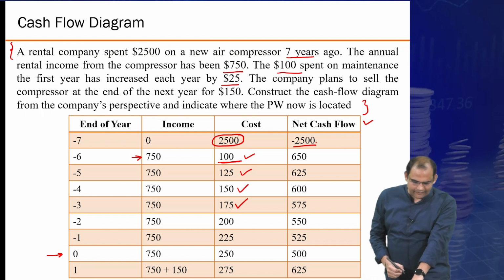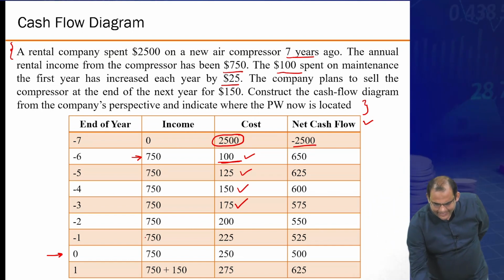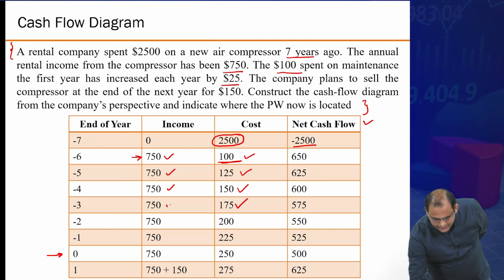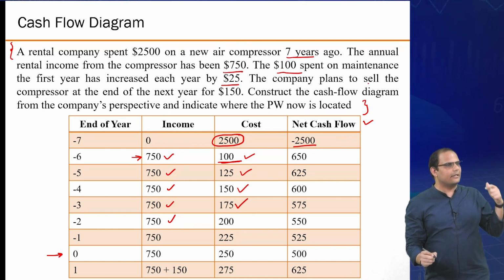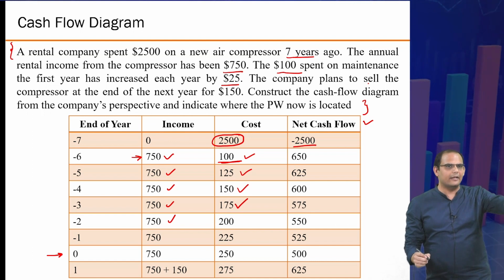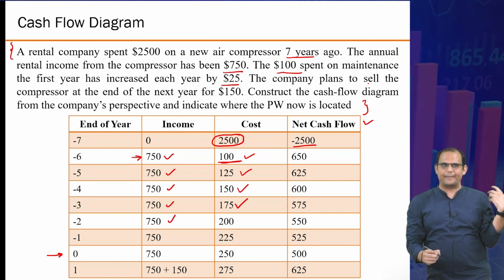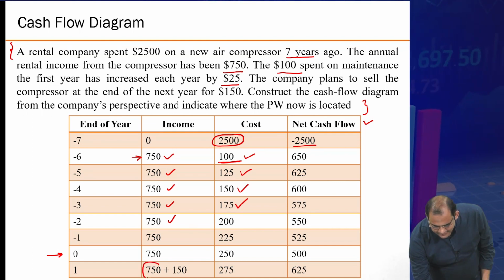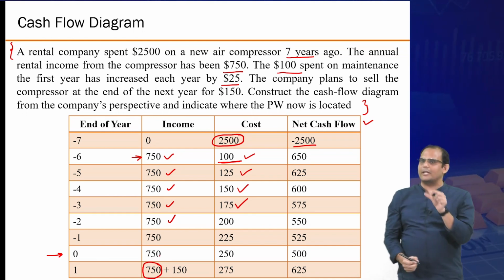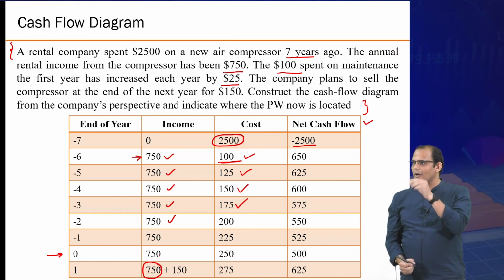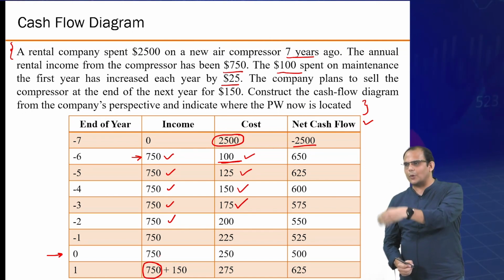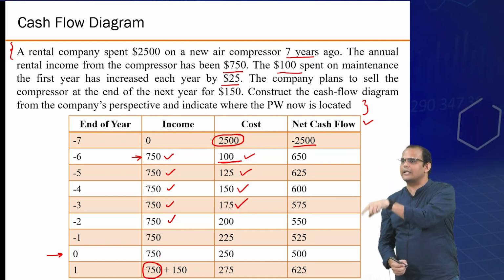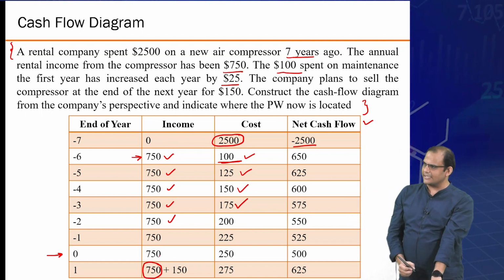Then the income remains the same, basically $750 throughout the years. Only when you are selling the compressor at the end of the next year, you generate an additional 150, right? So this 750 denotes the money that you got by operating the air compressor for the next year, and then you sold it at the end of the next year, so you still got another 150, and that's why it's coming on.